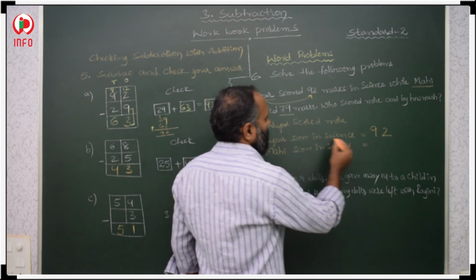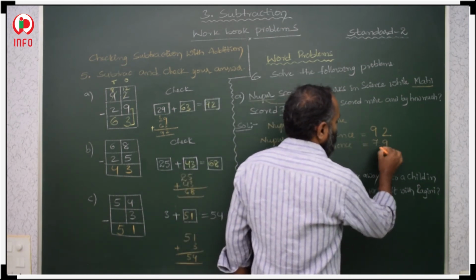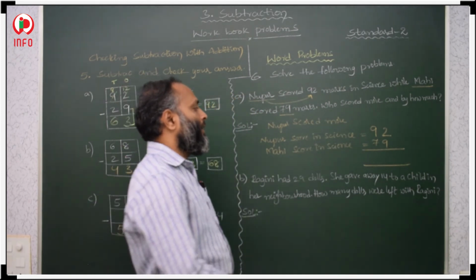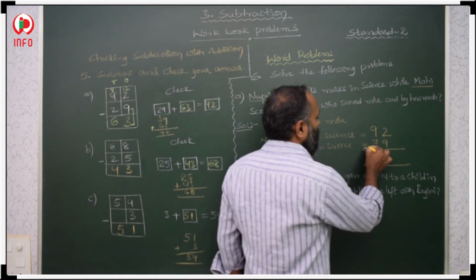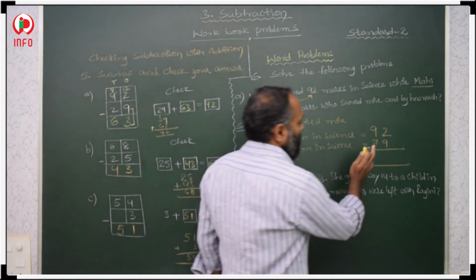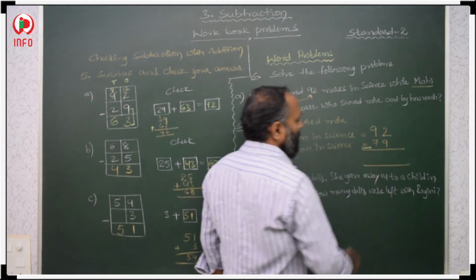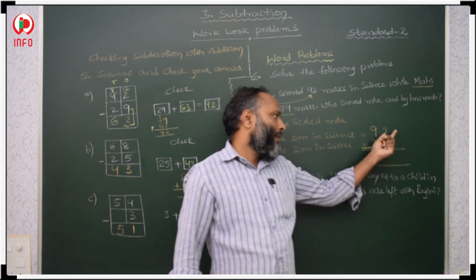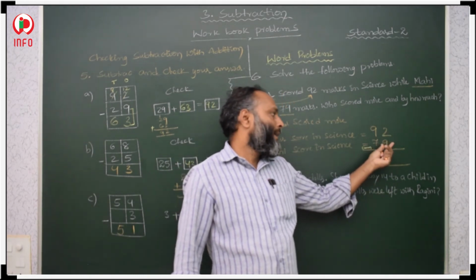How much? 79. So then what do we have to do? How many more marks means we have to subtract. Then 92 minus 79. This is the minuend, this is the subtrahend.